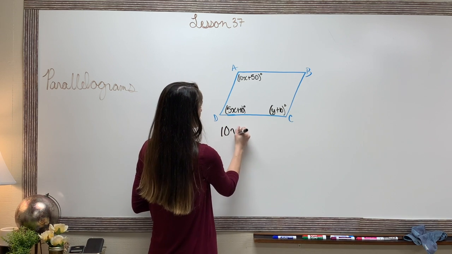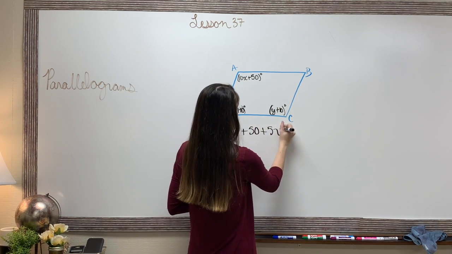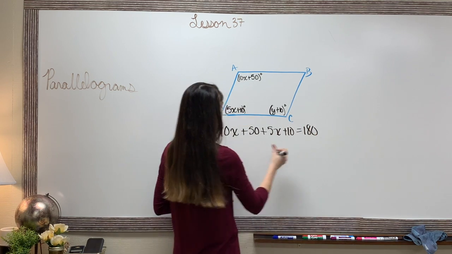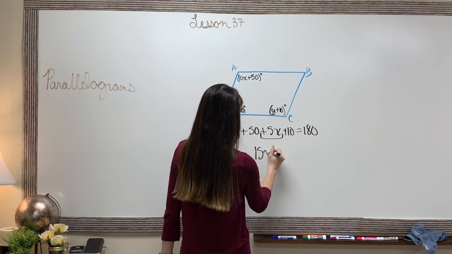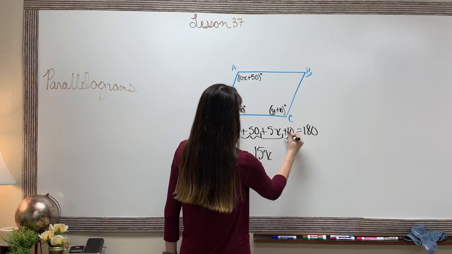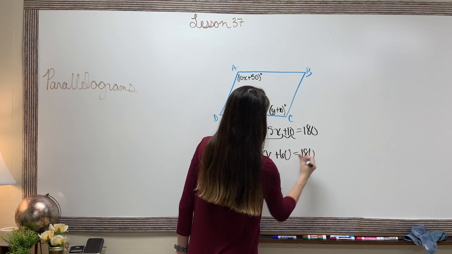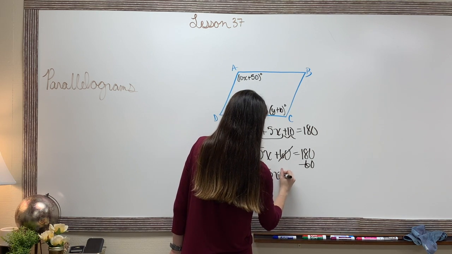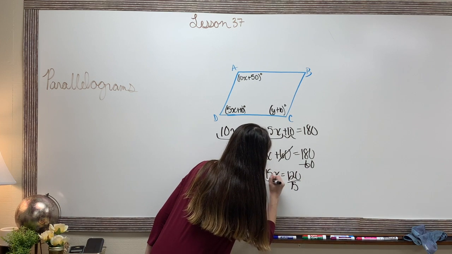So we have 10x plus 50 plus 5x plus 10 equals 180. So we're going to add our like terms right here. So we have 15x and then plus 60 equals 180. We're going to subtract 60. So 15x equals 120. Divide by 15.